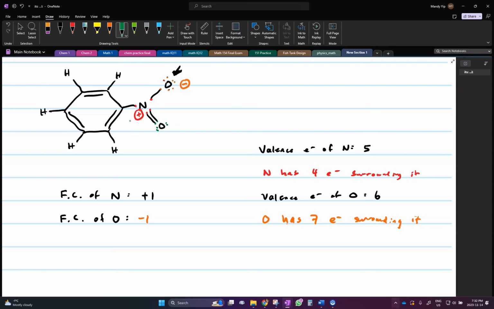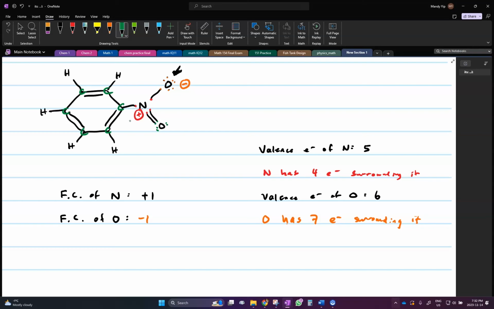And it's important to note that even though I didn't write it out, each of these corners represents a carbon. And normally carbon has 4 valence electrons, so it's capable of forming 4 single bonds, or 1 double bond and 2 single bonds, or 1 triple bond and 1 single bond. So 4 lines, essentially, coming out of it.